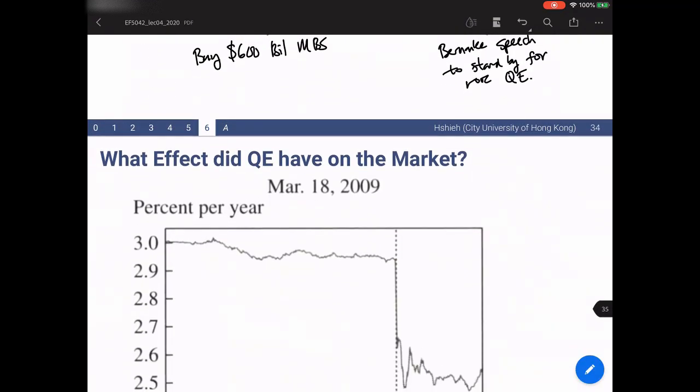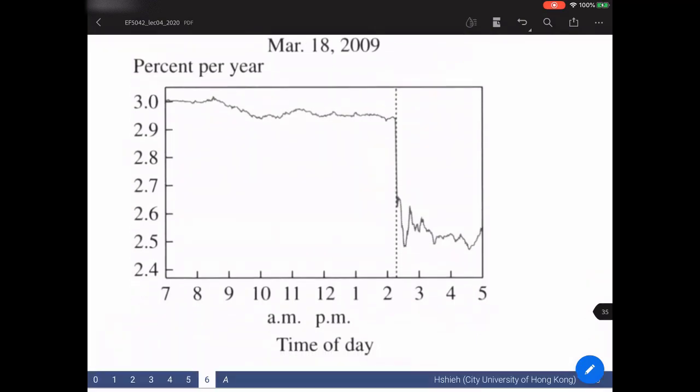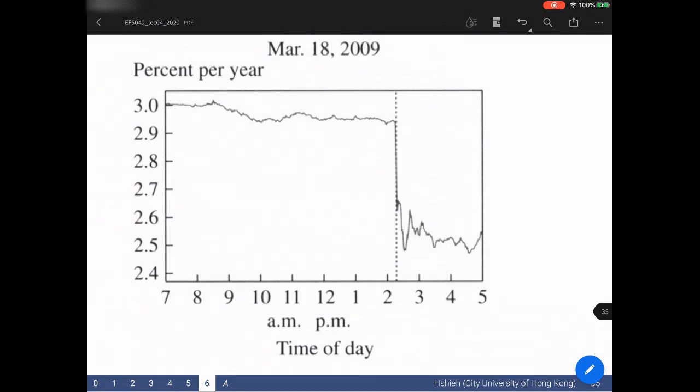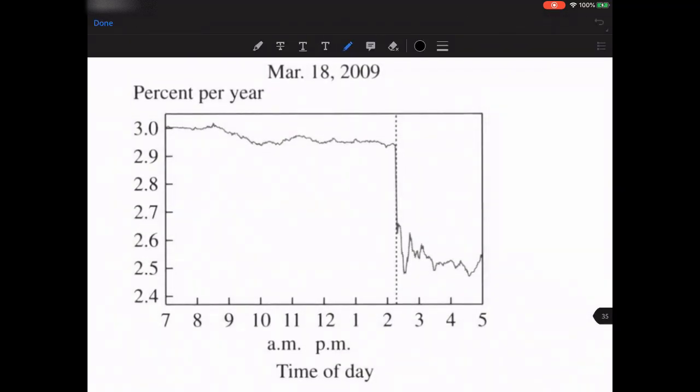As I mentioned already, another QE was announced in March of 2009. On this date, the Fed decided to buy an additional $300 billion of treasuries.